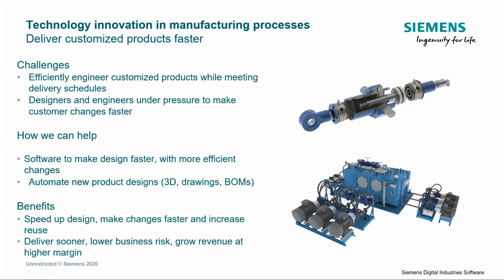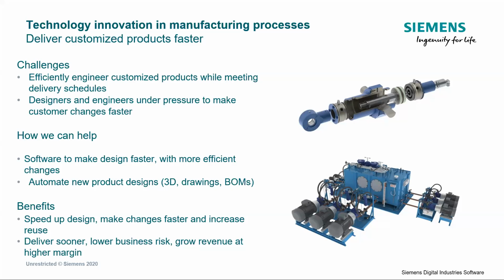Now we can help customers configure products with the use of Solid Edge. These configurations can be based on multiple things. It can be based on families of parts or families of assemblies, which are defined in 3D. We can also help organizations manage variants and product costing with an integrated PLM solution. The best part about Solid Edge is that not only does it help engineers and designers design faster, but in the long run, it can help them design better as well.